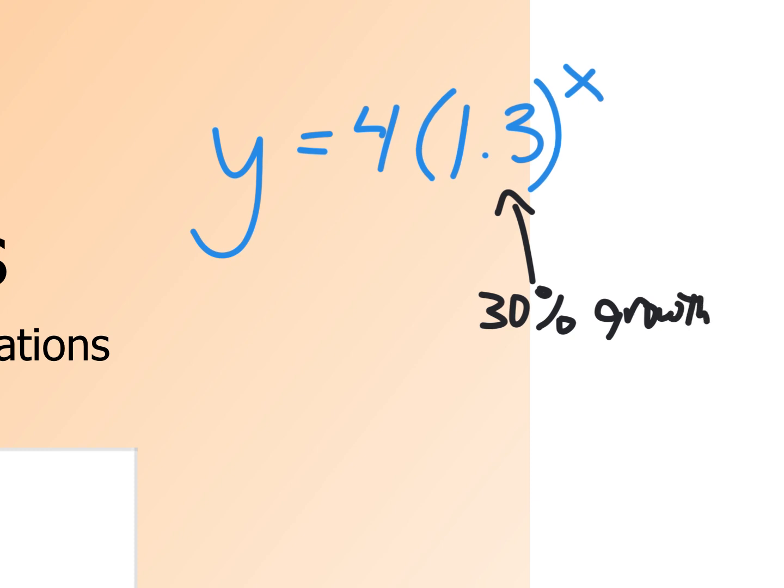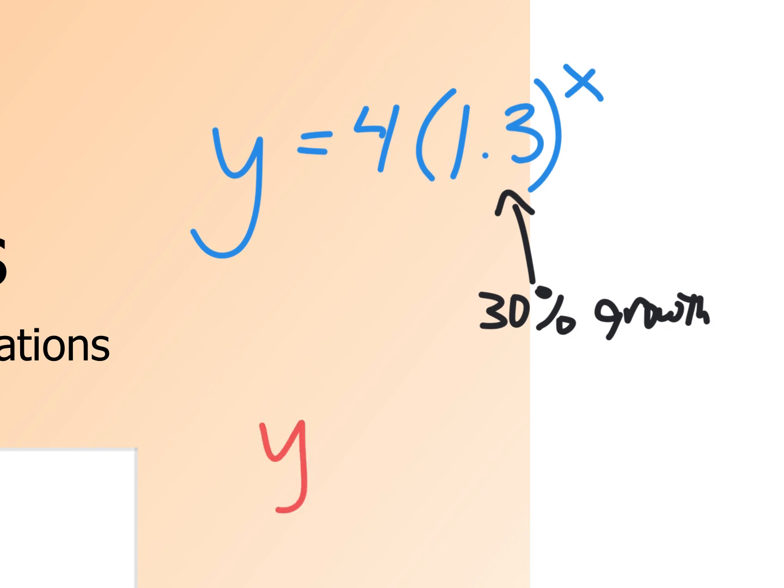You should have known it was growth because it was bigger than 1. But how much bigger than 1 is it? Because that will tell you what percent growth you have. Timesing by 1 doesn't really change anything. So timesing by 1 point something, the part that's above 1, that is your growth. So that would have 30% growth.